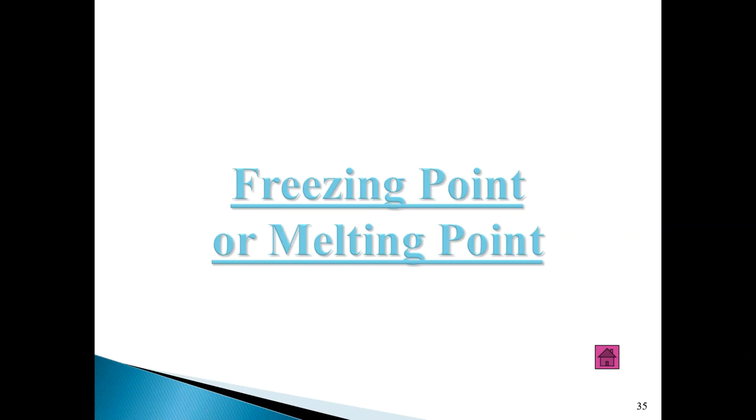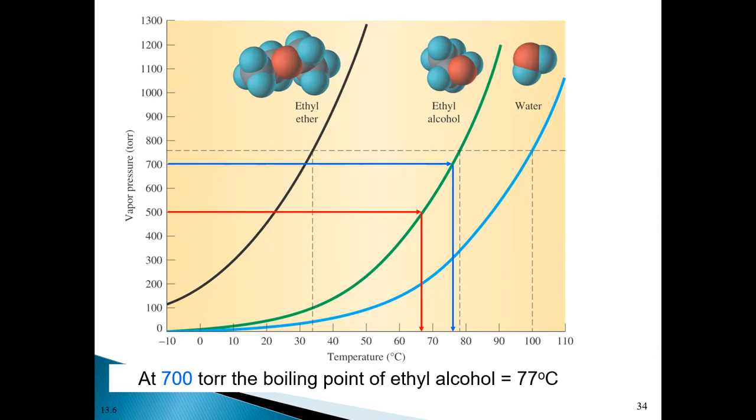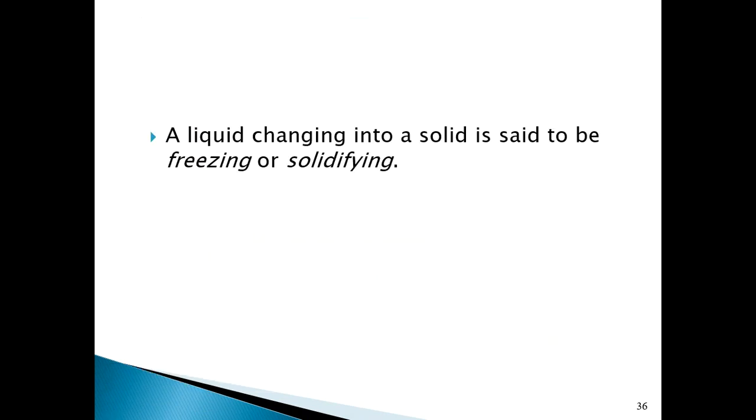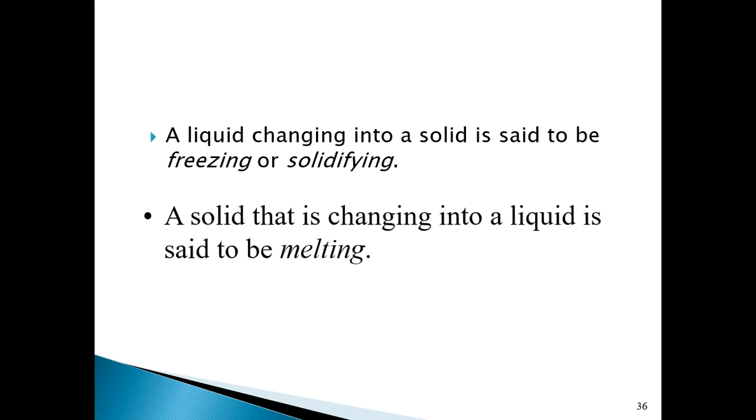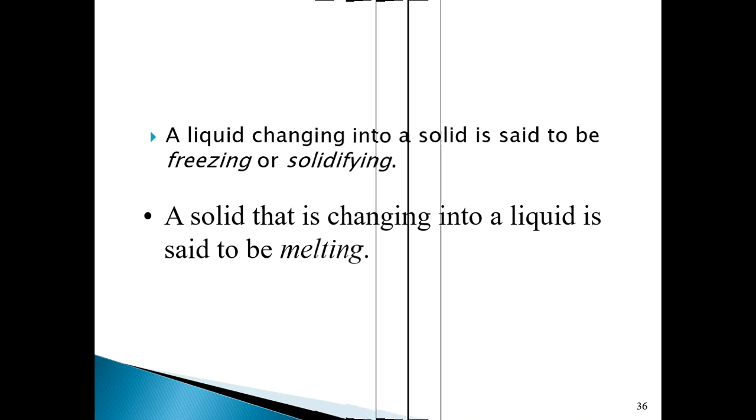Let's talk about the freezing point or melting point of a liquid or of a substance. The definition of freezing is when you have a liquid changing into a solid, and if it's going the other direction, then we call that melting.